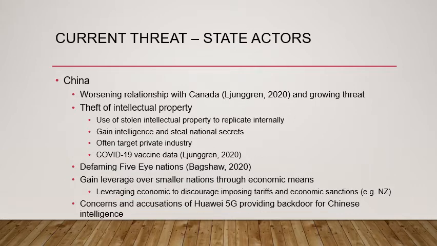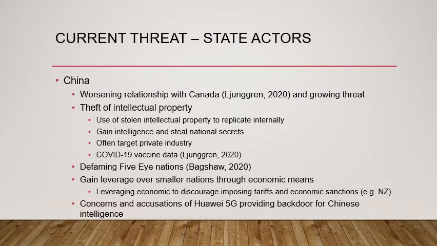So first country we'd like to cover is China. They've become quite a growing threat to the Five Eyes nations over the last 10 to 15 years. And unfortunately, there is a continuously deteriorating relationship between several of the Five Eyes nations and the Chinese government.